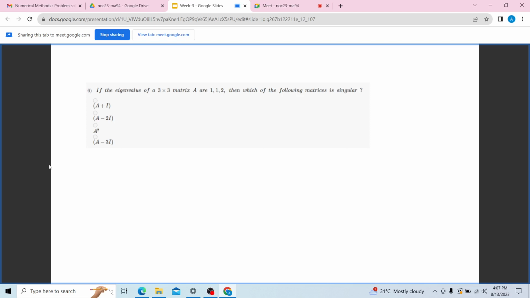So what will be matrix A? Just arrange these eigenvalues in the diagonal at the place of diagonal elements, and the rest of the elements will be 0.